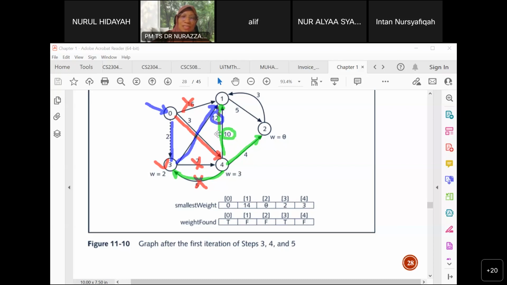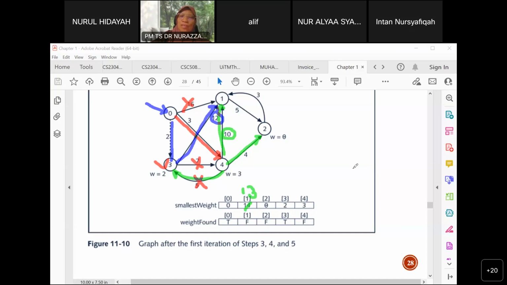That means 13 is smaller than 14. So if I want to go from 0 to vertex 1, I have found another path that is even smaller through this one. So it will update this one. It becomes 13 through 0, 4, 1.